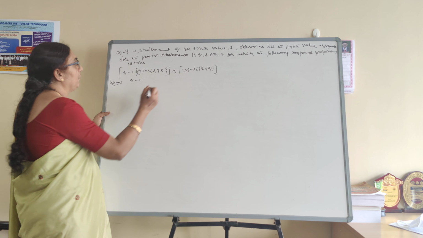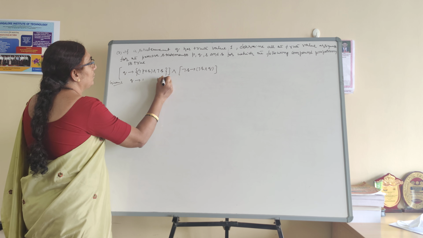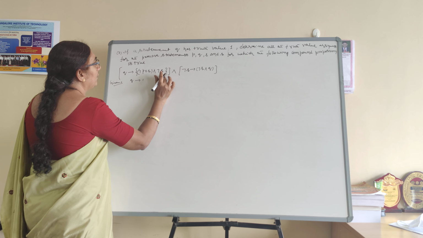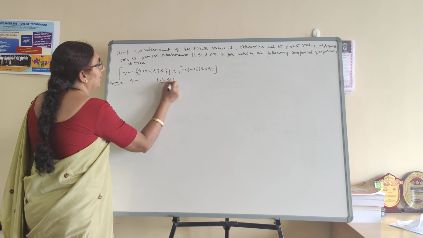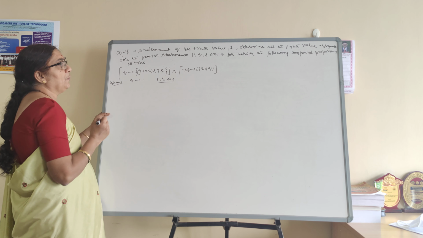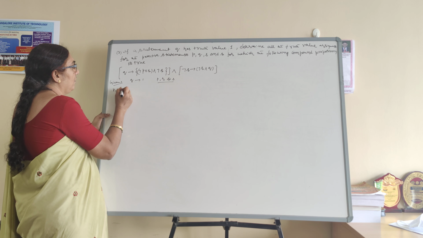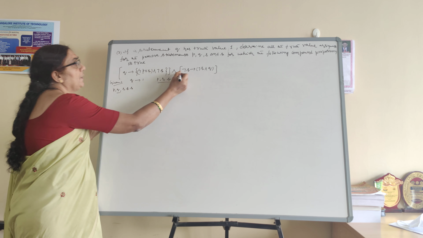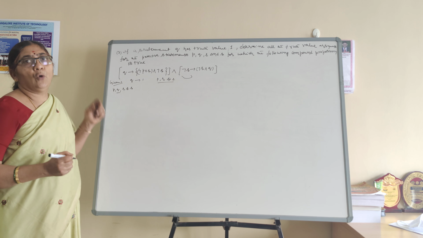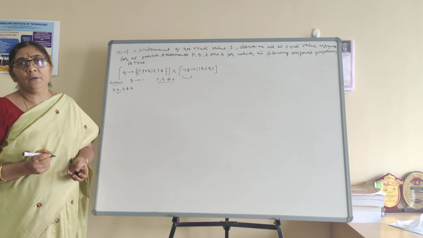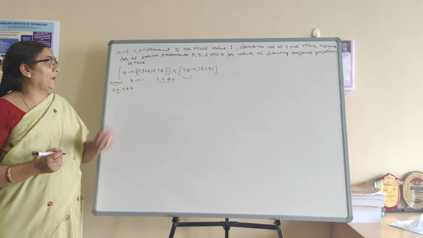The remaining primitives are P, R and S. Totally how many primitives are there? 4: P, Q, R and S. They have already given the Q value and also the compound proposition. How do we find the remaining primitive truth values?